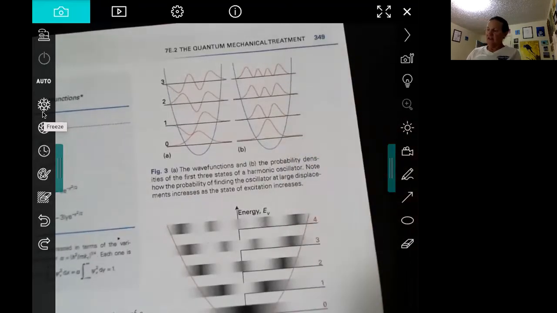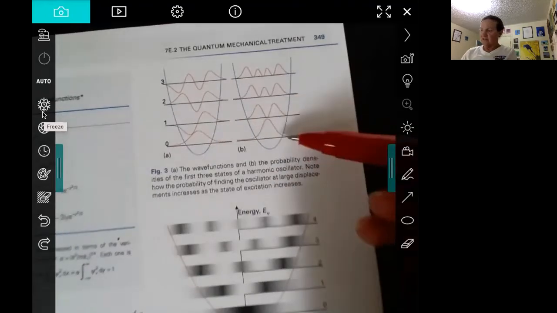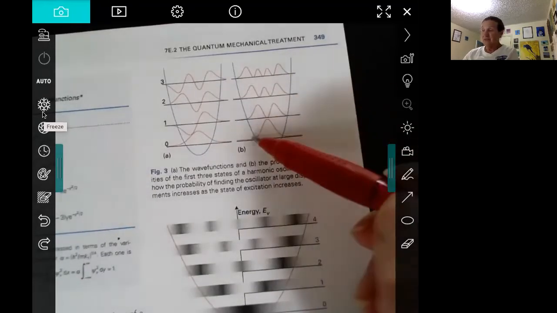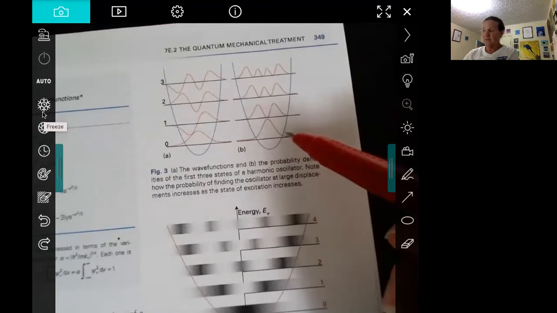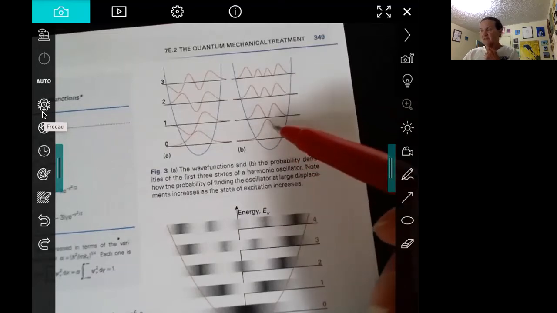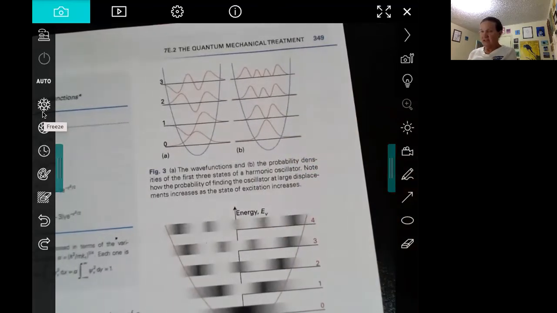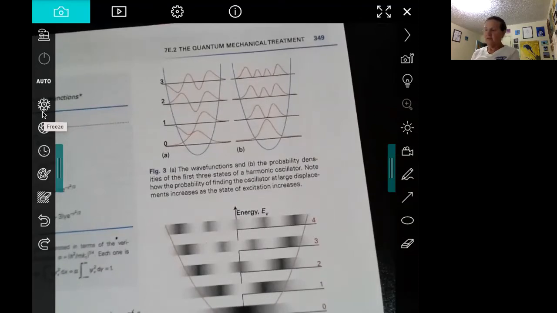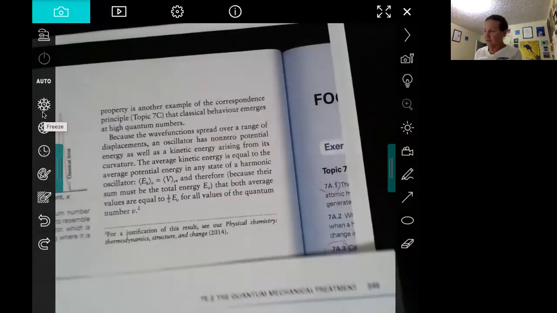You would think if it's slowing down as it turns around, both at extension and compression, that it would spend more of its time stretched and compressed to those lengths, and that you'd have a greater probability of finding it closer to the potential energy walls. So this is showing something very non-classical, that you find it more likely to be in that place in the middle where it's actually going the fastest, so it should spend the least time there.